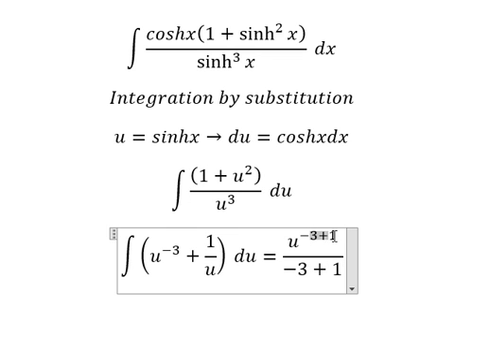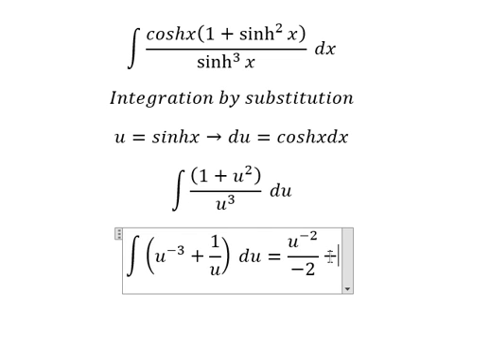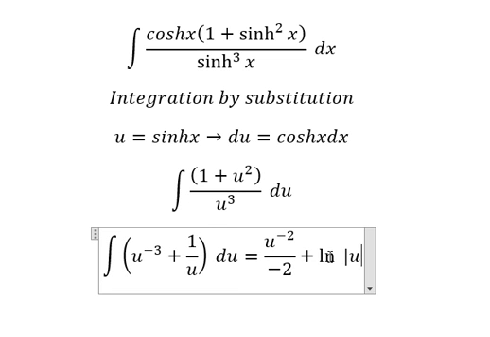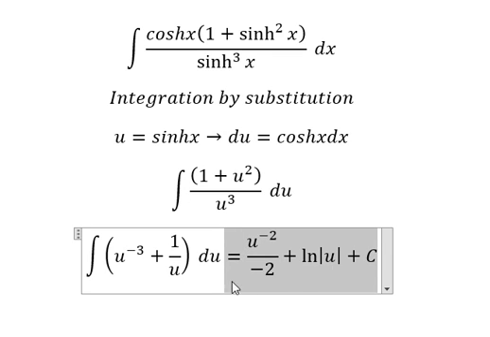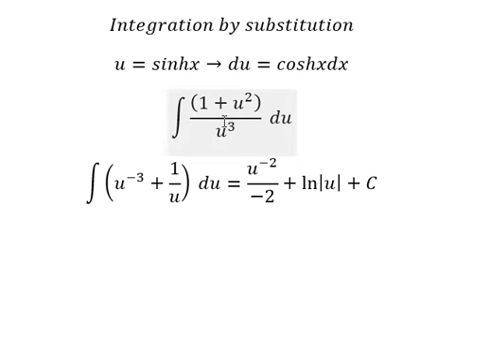So this one we have negative 2 and negative 2. This one we have Ln of the absolute value of u, and I will put c. Then u is sin s.